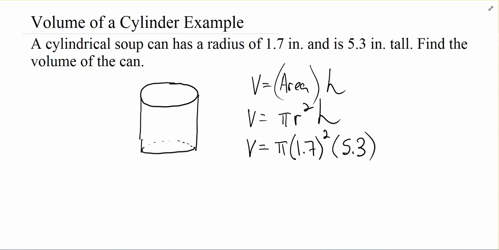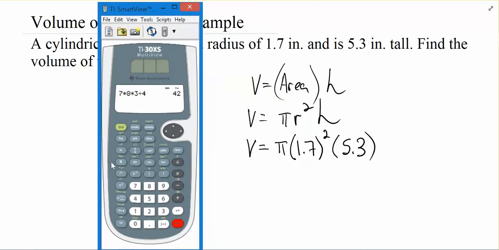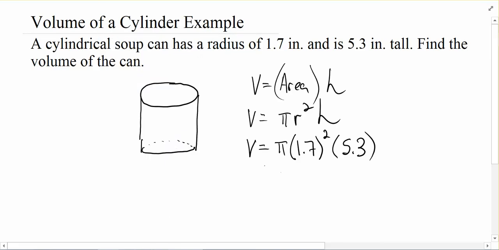And so we get a calculator out to handle that multiplication, where we have pi times 1.7 squared times 5.3. And we're going to get 48.12. And it was inches times inches times inches, so this is cubic inches.